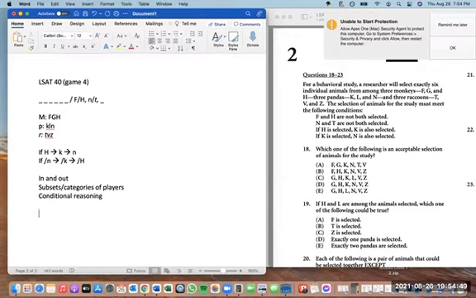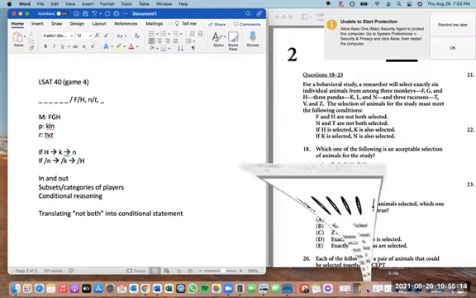We've got translating not both to conditional statements. Those are all things that, if you are struggling with that, you could either ask for some help in that area specifically or search for examples of that specifically.